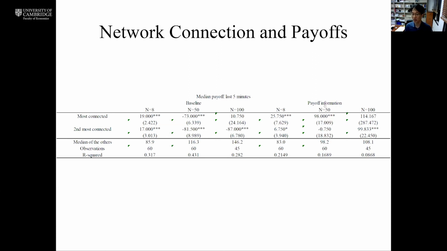Whereas with payoff information, when you move from the small group to the large group, the most connected individual actually performs better than the rest of the individuals, because in the payoff information treatment, the most connected individual is making a moderate level of effort or very low effort, because as you can see, the pure connect outcome.